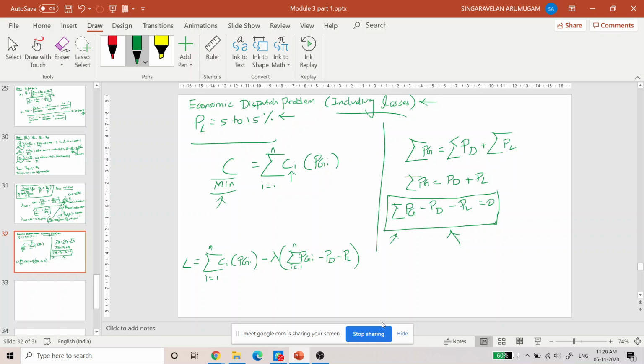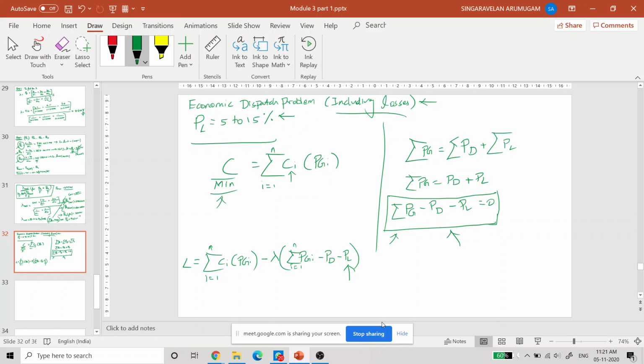This is the augmented function we got. Pd is not dependent on our generator; it is the demand, which is unrelated to our generators. Whatever demand is required by the consumer is independent of the power generation, but this loss is not given by the consumer, it is due to the generation.